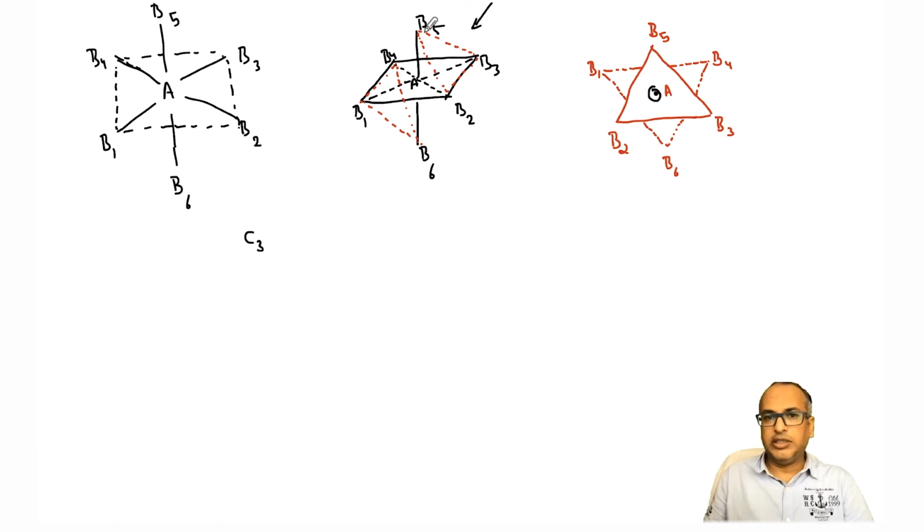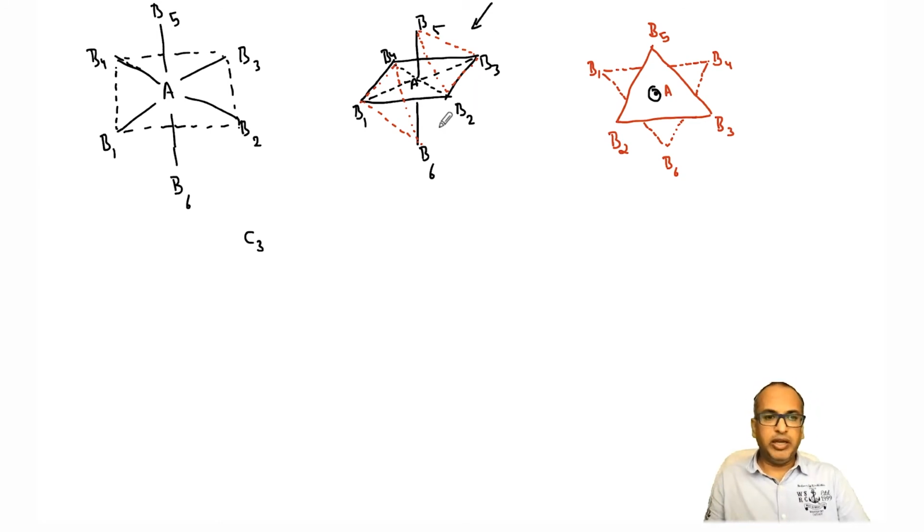Similar to B5, B3, B2 and B1, B4, B6, we can also make another with B2, B3, B6, the adjacent side, and this one.